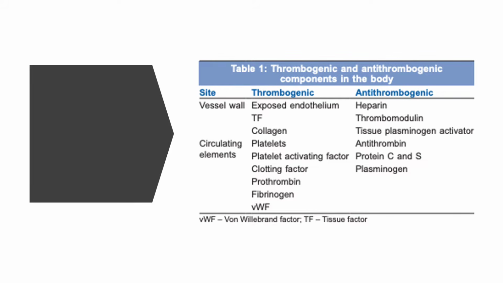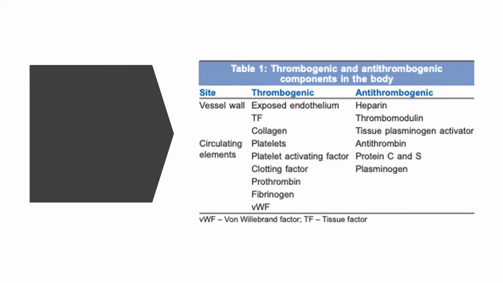This table gives you the different parts of the hemostatic system which take part in clotting. First of all, the site is the vessel wall and circulating elements. Then you have the thrombogenic factors and the antithrombogenic factors.